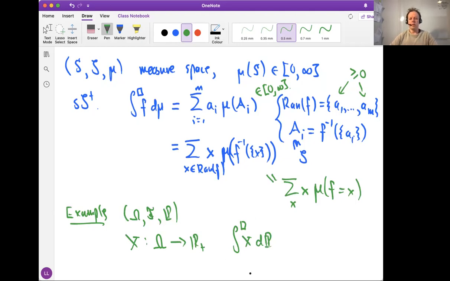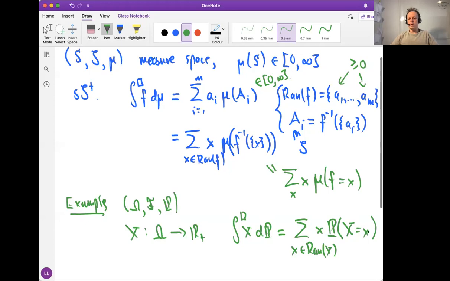So note that this is now in the same setting as here, and then we could write it as the sum of x in the range of the capital X, x times the probability measure of the pre-image of the capital X of little x. So we could write it as probability big X is the small x.